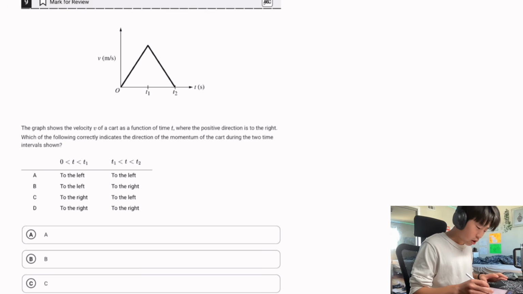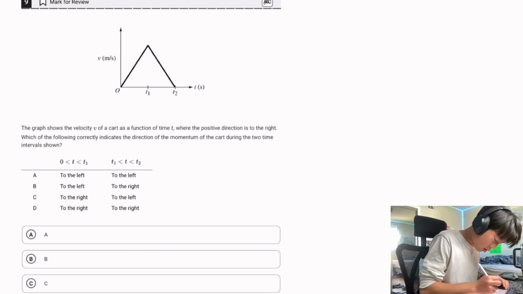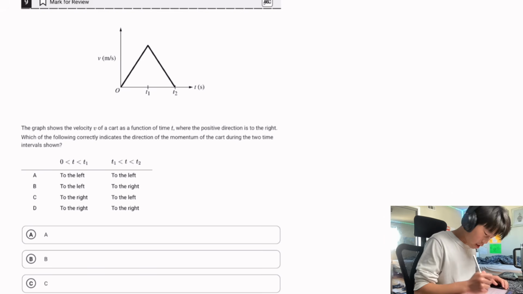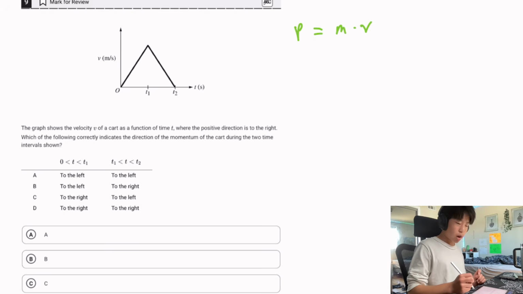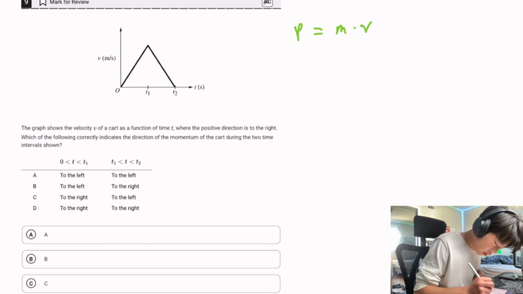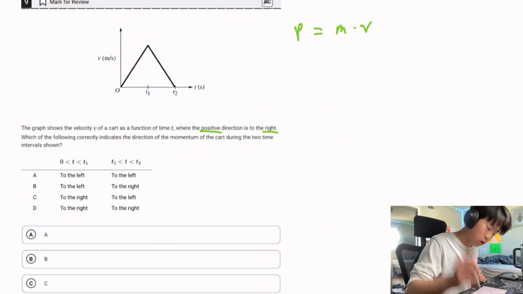So this next question is asking for the direction of momentum. Anytime you see momentum, you need to think mass times velocity, right? And velocity is a vector, so it has direction. If velocity is positive, it's going to be to the right, and if velocity is to the right, that means momentum is also to the right.